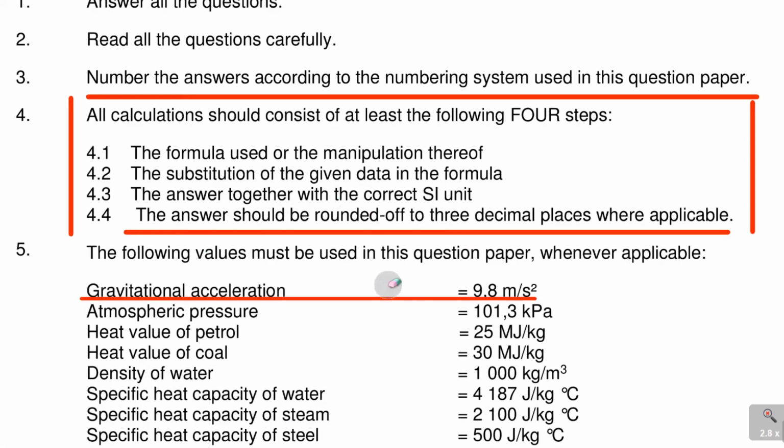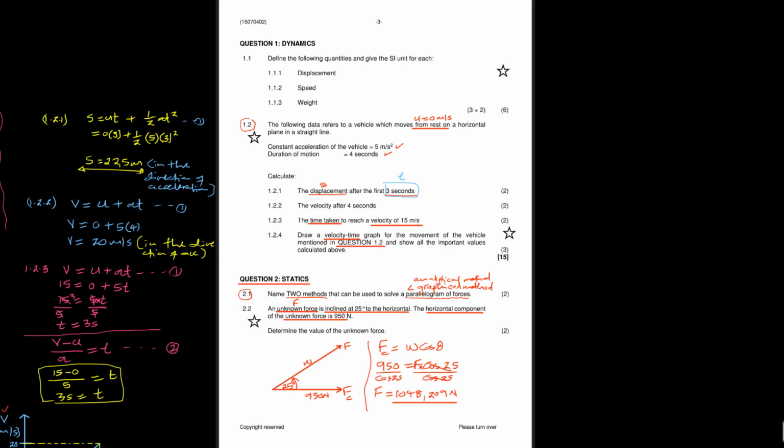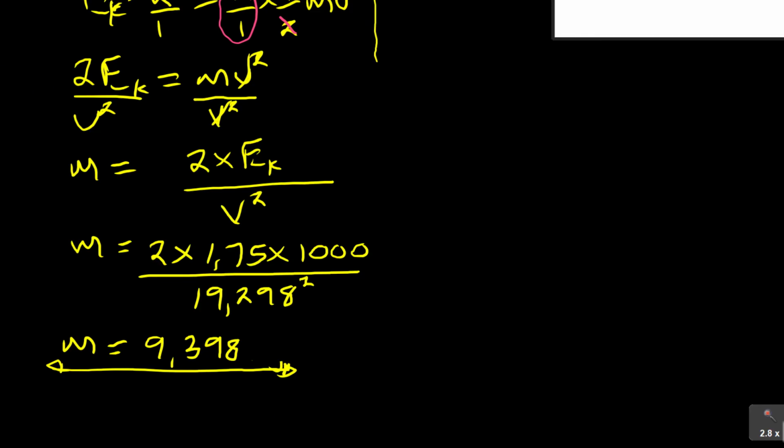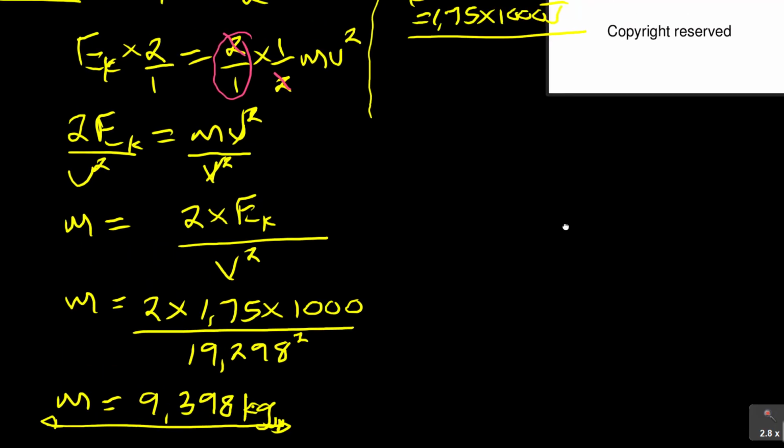Just a moment, apologies. Yes, we measure everything in kilograms. As you can see, density of water, everything is in kilograms. So I think I'm fine to use kilograms here, which is a heavy brick, 9,38 kilograms. All right, that is the mass of this brick.